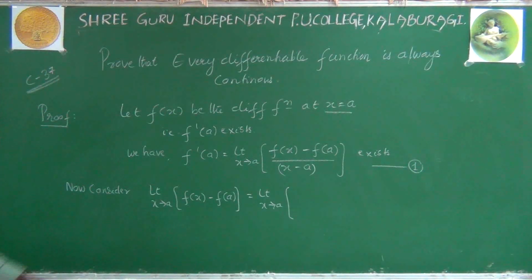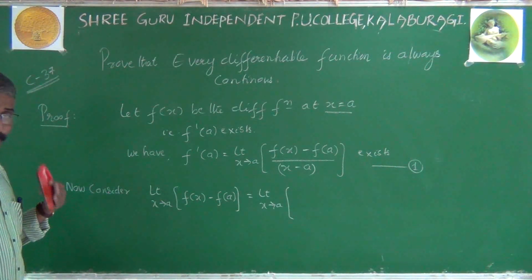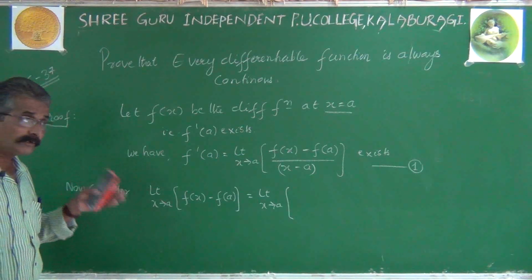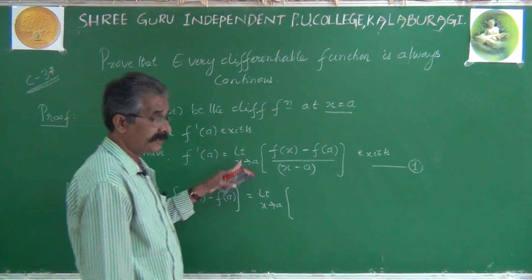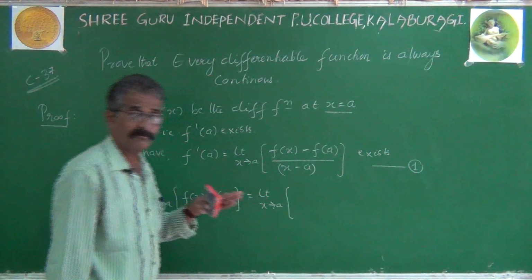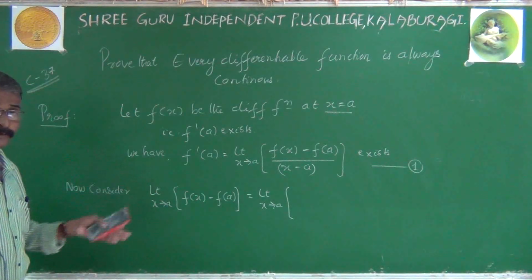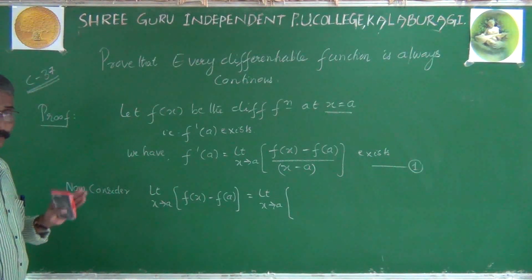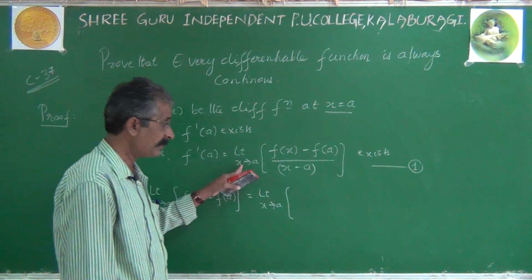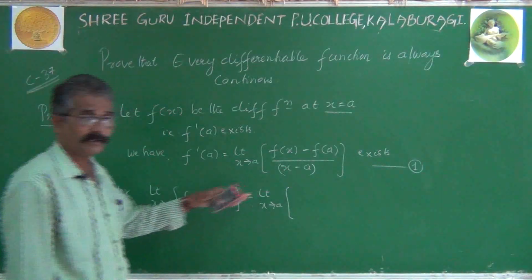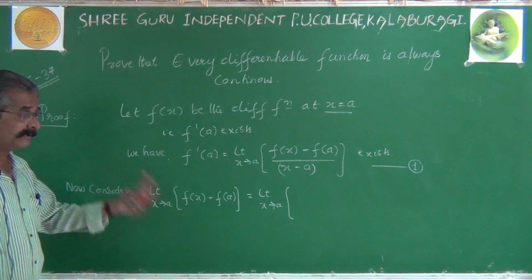We shall multiply and divide by x minus a, keeping in mind x tending to a means x is very, very near to a but exactly not equal to a. As x is exactly not equal to a, it can be divided and multiplied.